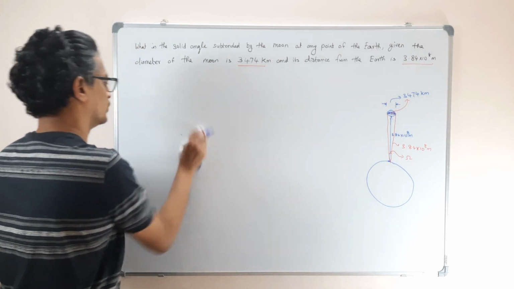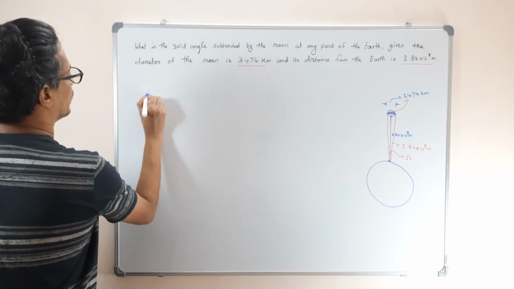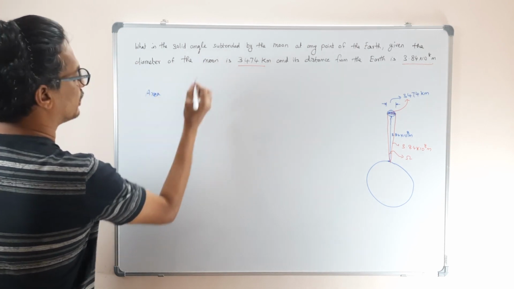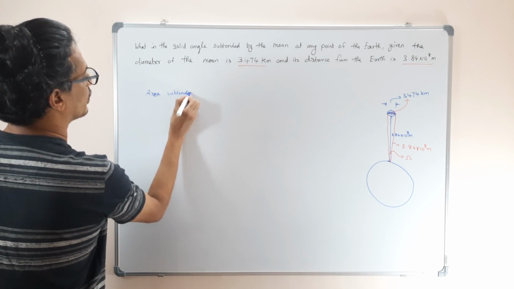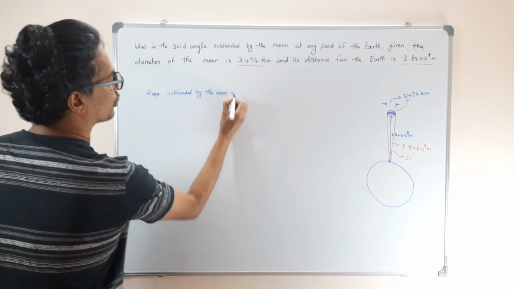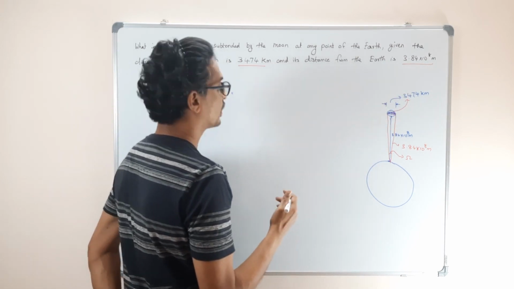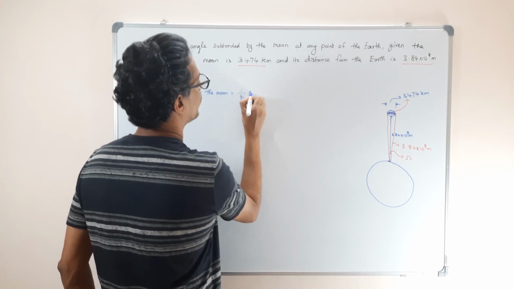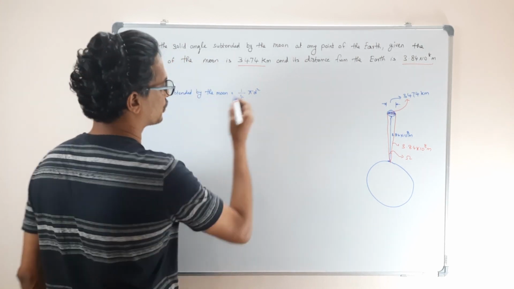So the area subtended by the moon is pi r square. What they have given is a diameter, so the radius is d by 2, and the area will be 1 by 4 times pi d square.